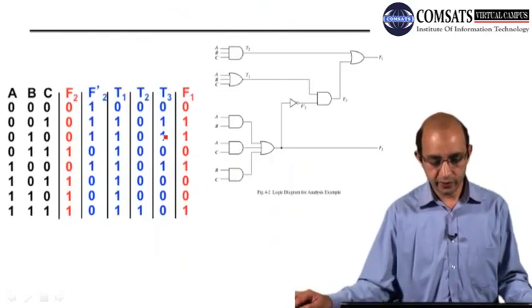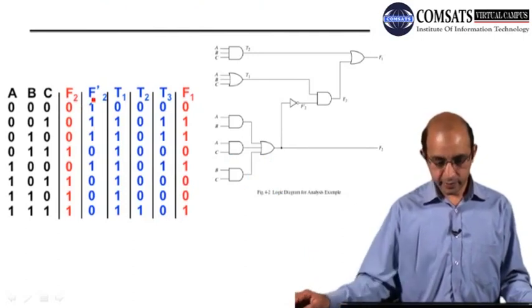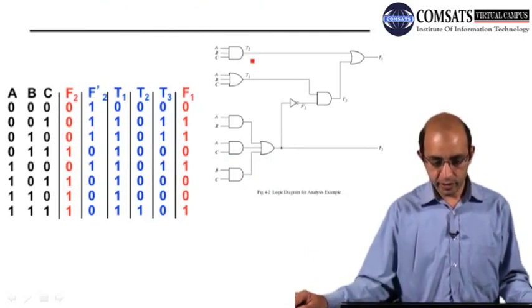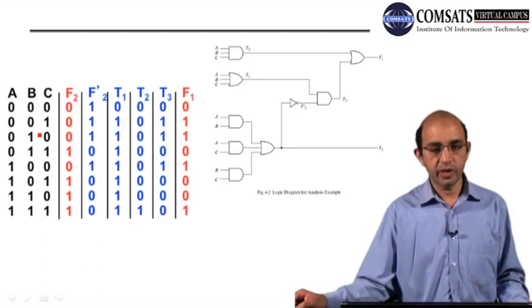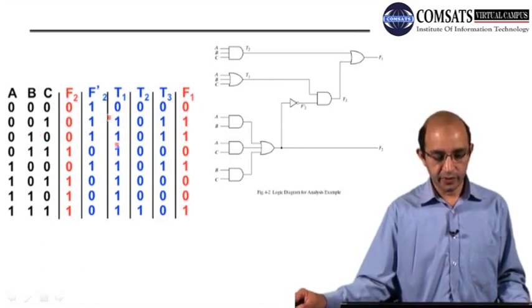So if you talk about T2, T2 is an AND operation, so we will be having only one 1 over here. And then if you talk about T1, T1 is an OR operation, so whenever we have a 1 at any one of A, B, C, or we have all 1s at A, B, C, we will be having a 1 at T1.